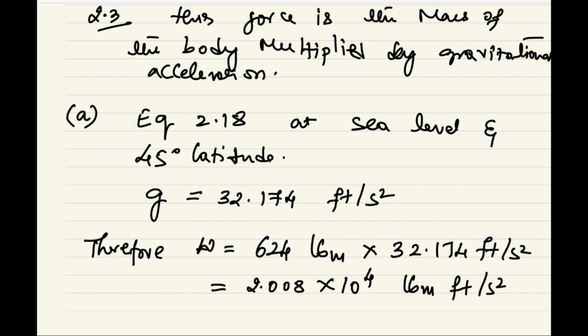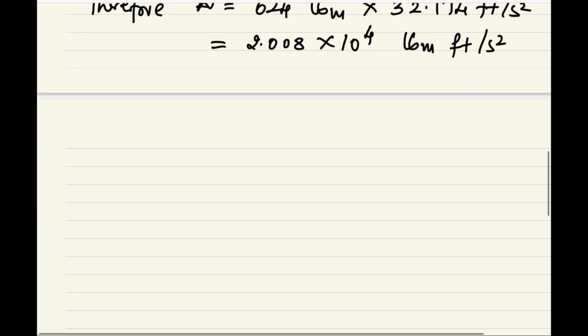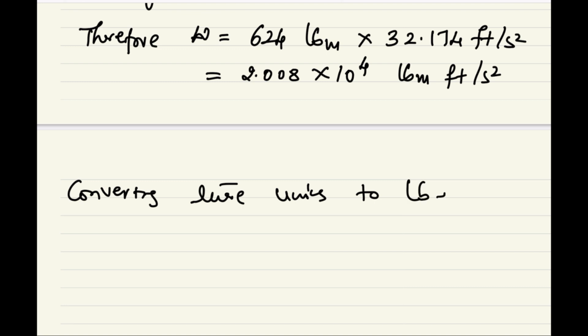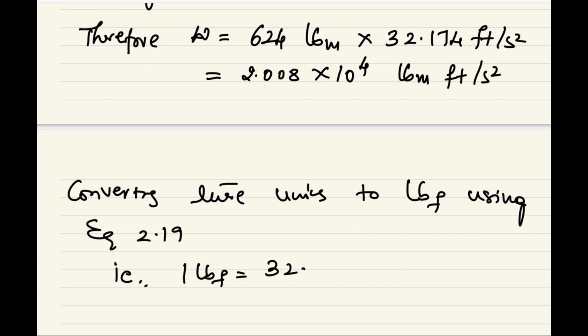Now let us convert this into lb force, because in this system we need to convert to lb force, using equation 2.19. That is, 1 lbf is equal to 32.174 lbm feet per second square.